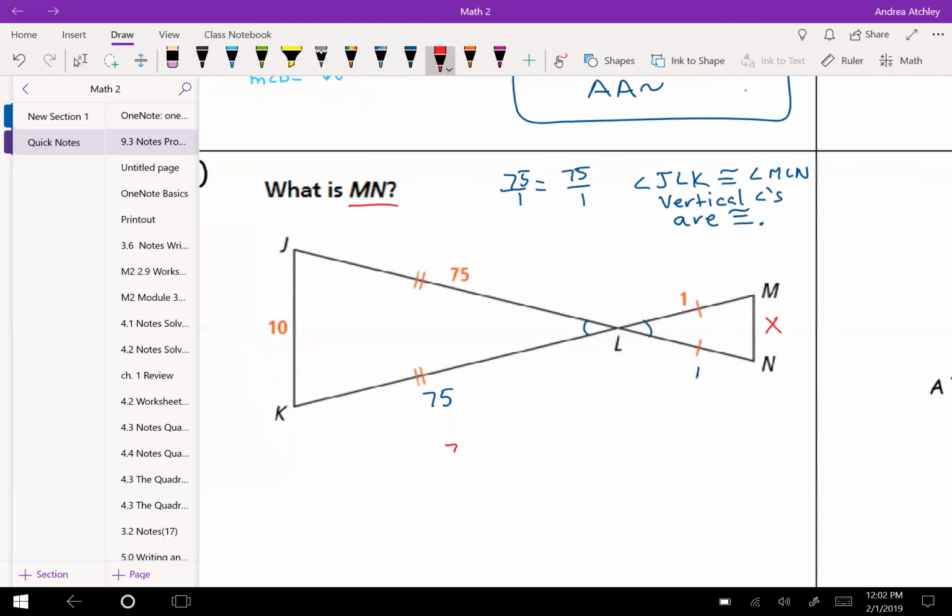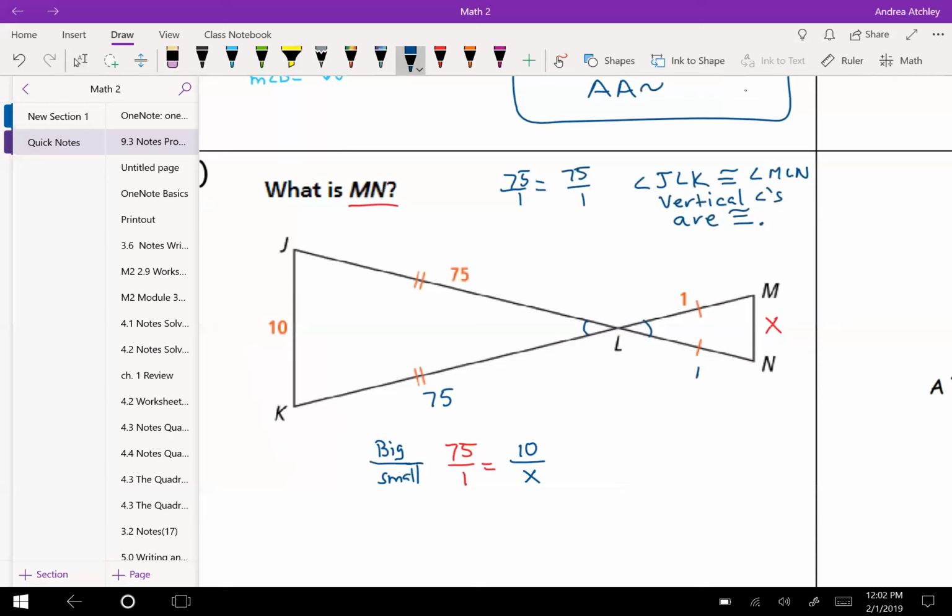It's going to be 75 to 1 equals, okay, let's review which one's bigger, JK or MN? JK. So the bigger number needs to go on top. So 10 is the bigger number here because the 75 is bigger, right? And I'll write that big over small. And so this is my unknown, the X, MN.